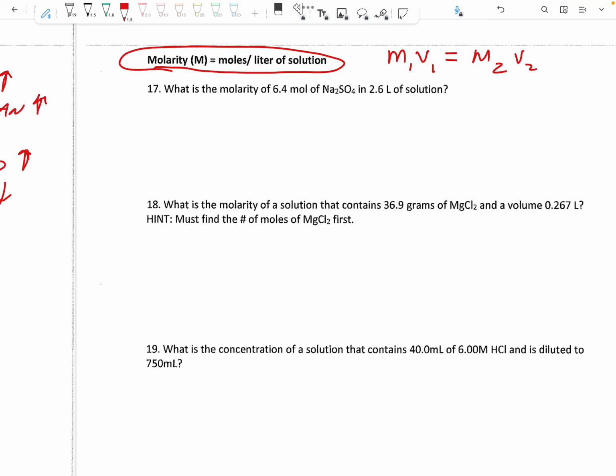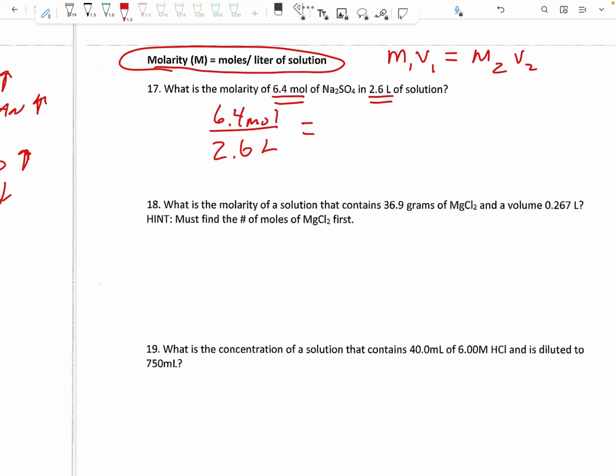Here we go. What is the molarity of 6.4 moles of sodium sulfate in 2.6 liters of solution? Well, you are given the moles and you are given the number of liters. So 6.4 moles divided by 2.6 liters.